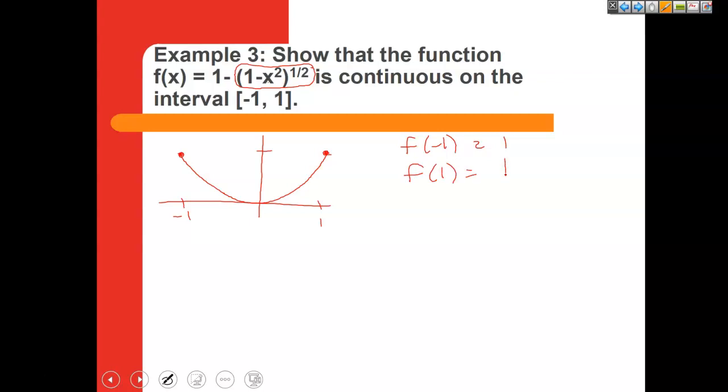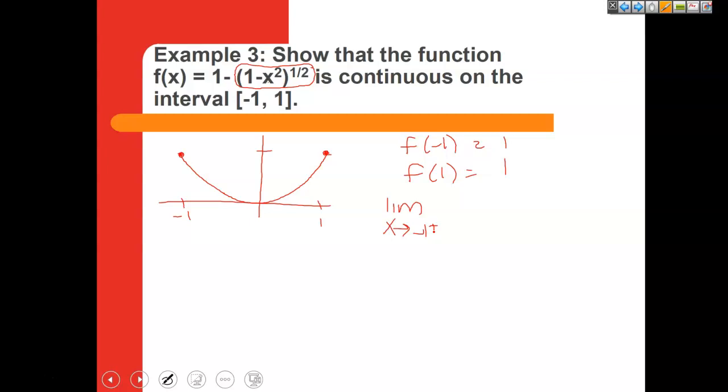To show that it's left and right-hand continuous, what else do I need? I need to show that the limits are equal to 1. So I need to look at the limit as x approaches -1 from the right, because there is no limit as it approaches from the left, because there's no function to evaluate.